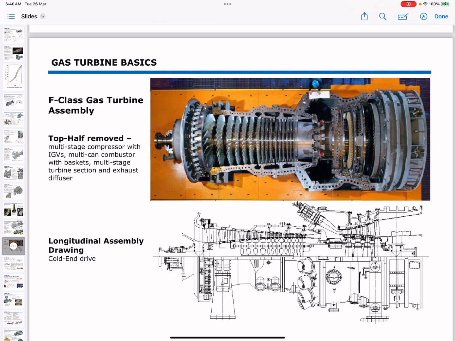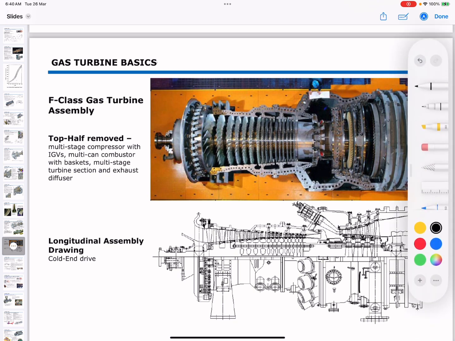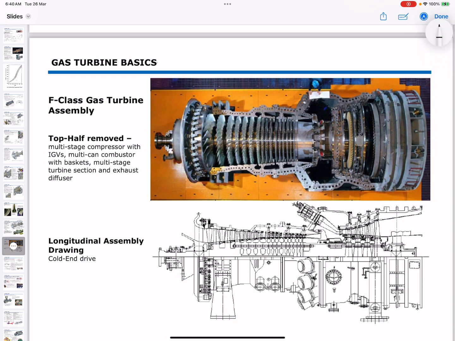So moving to this slide again, gas turbine basics. Here we have the F-class gas turbine assembly. We have two sections. One is the top half removed.